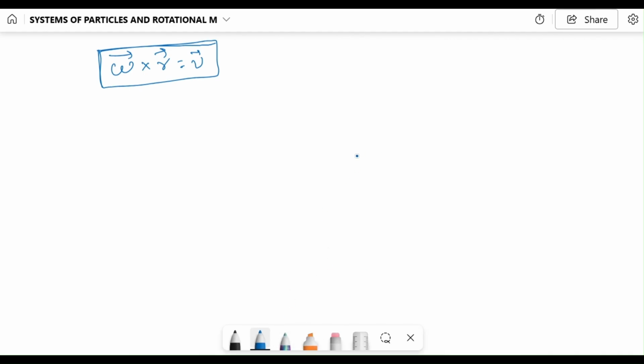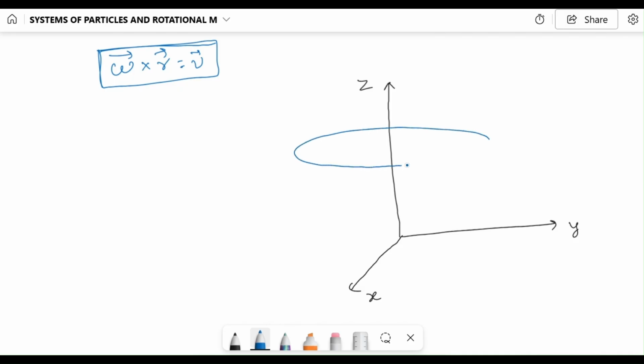In the general scenario, let's say this is the z-axis, this is the y-axis, and this is the x-axis, and this particle is revolving around the z-axis on this path. Now the position vector is not determined taking the center as origin; rather our origin is here.